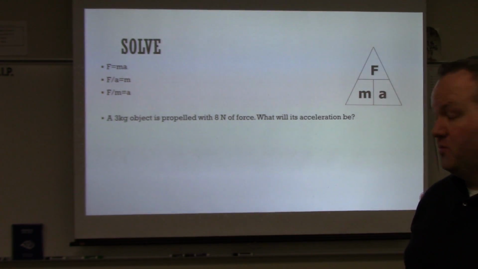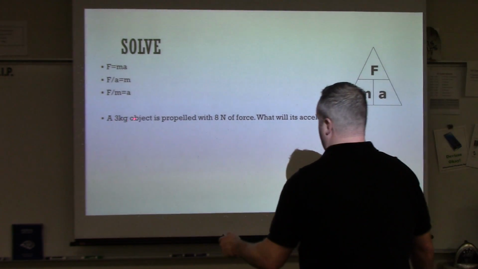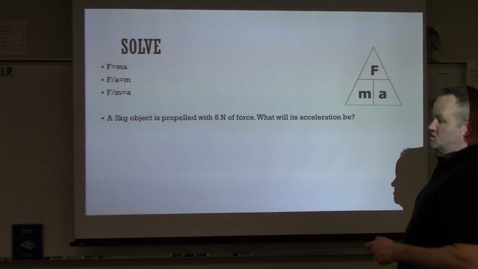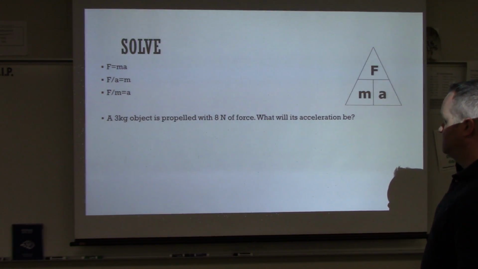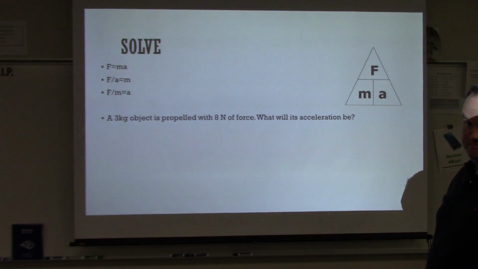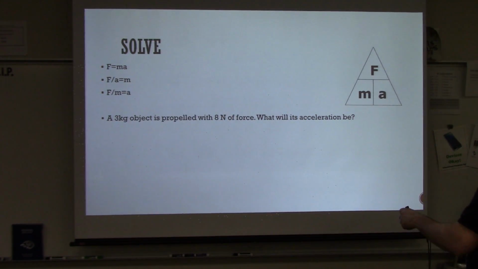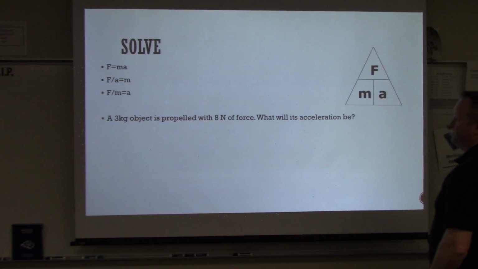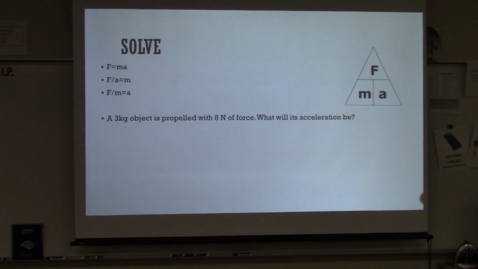Let's look at a sample problem here. A 3 kilogram object is propelled with 8 newtons of force. What will the acceleration be? So I'm looking at F equals ma, and I'm trying to find my acceleration. I have my mass and I have my force. So to find this, the total is going to be 8 over 3.